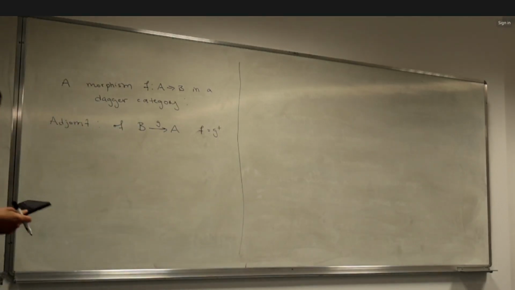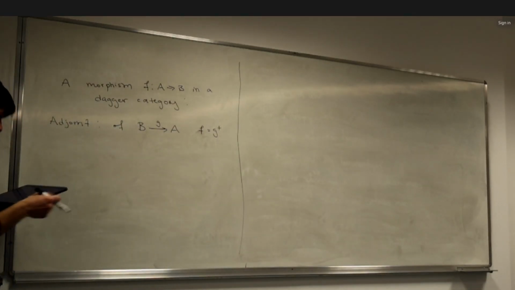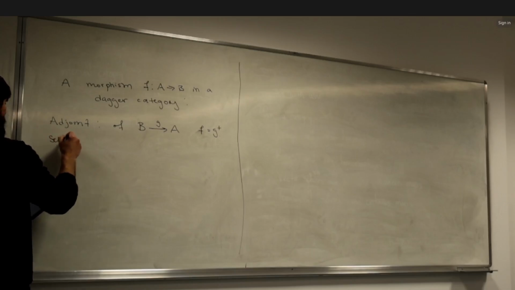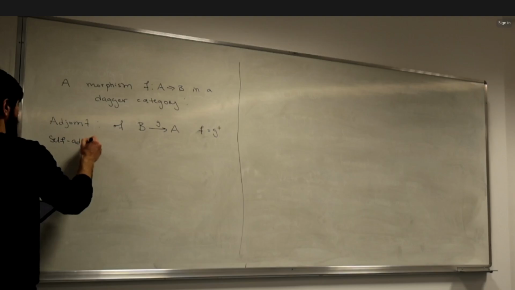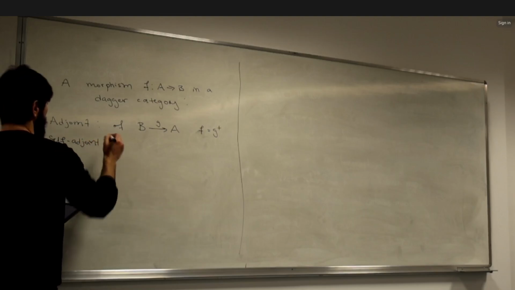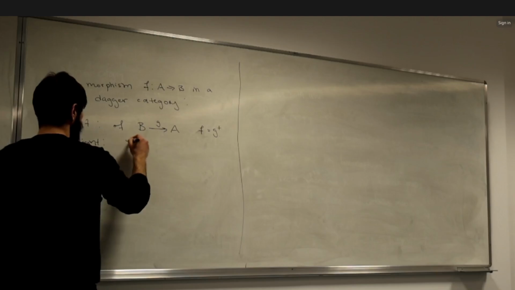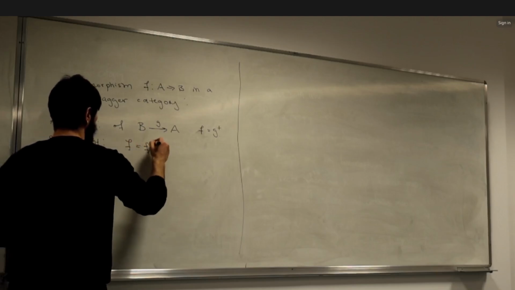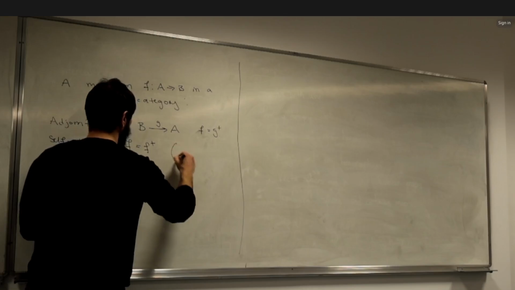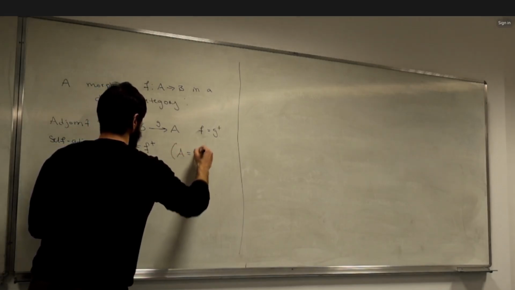Hopefully that makes sense. It's self-adjoint if we have F dagger equals F, and in this case A equals B.